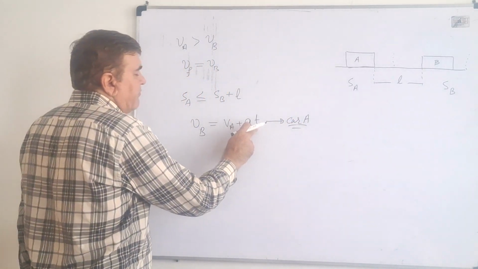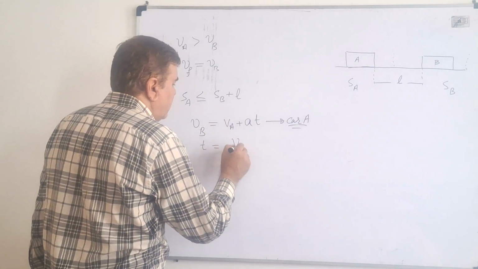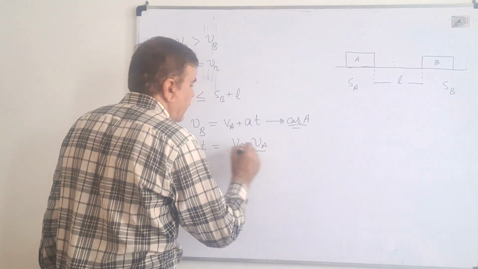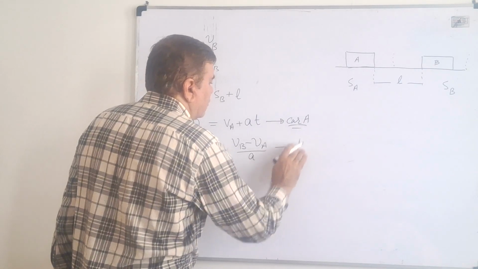From this equation, we can find the time: T equals (VB minus VA) divided by A. Let me call this equation 1.